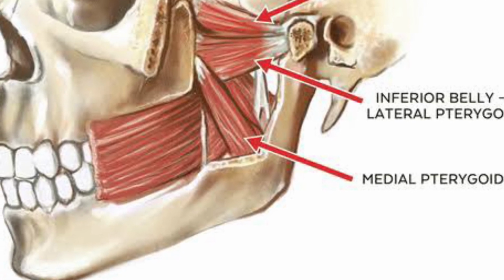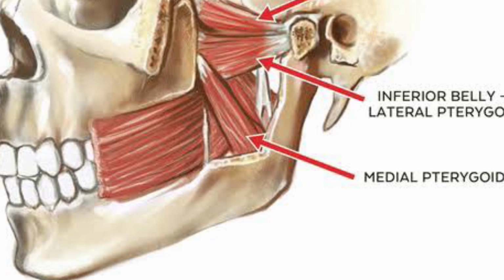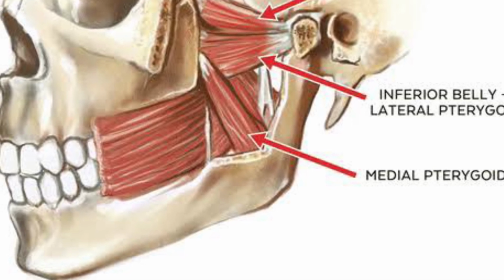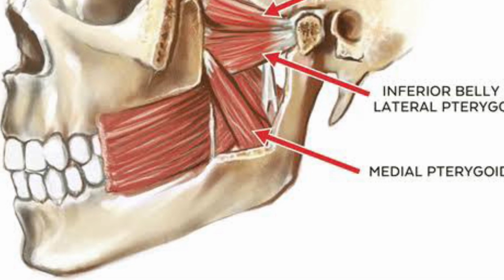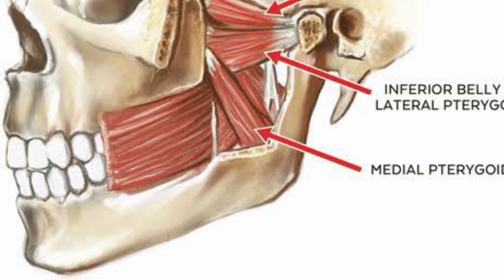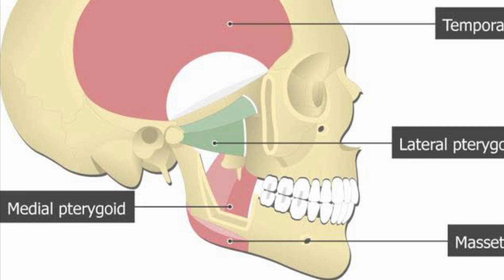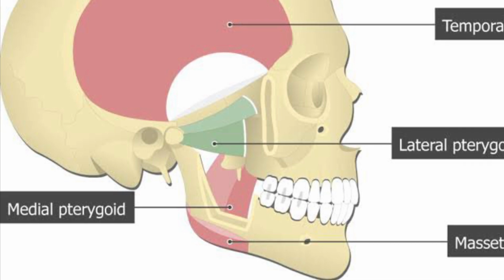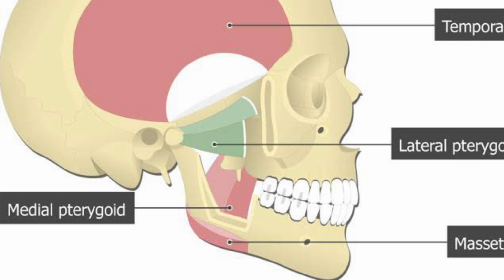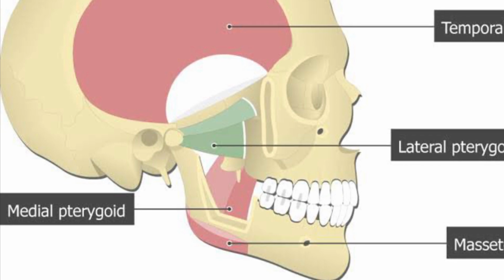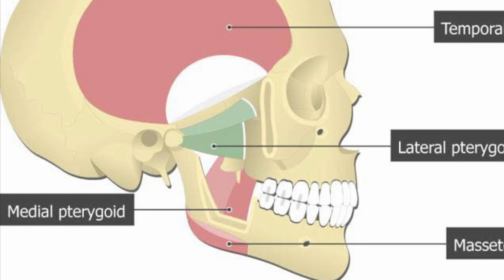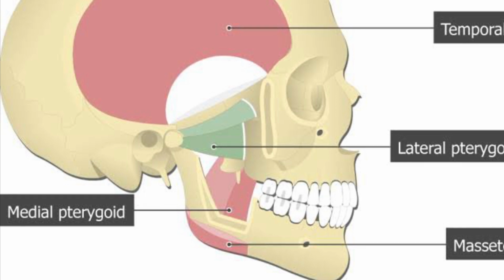Fibers from both heads converge posterolaterally in a horizontal plane and insert on the pterygoid fovea on the neck of the condyle, and on the articular capsule and articular disc of the temporomandibular joint. The inferior fibers insert into the pterygoid fovea on the neck of the condylar process of the mandible.